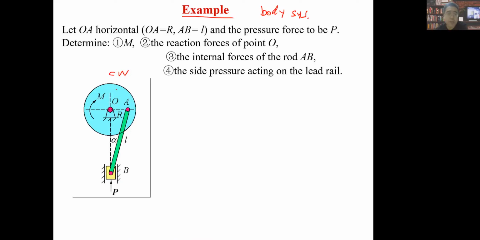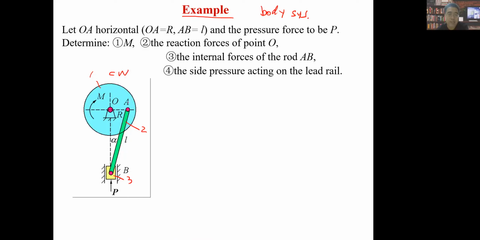So this is the so-called body system. It has parts 1, 2 and 3. So it's very obvious there are 3 parts.